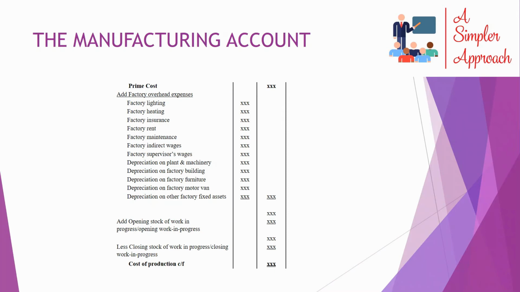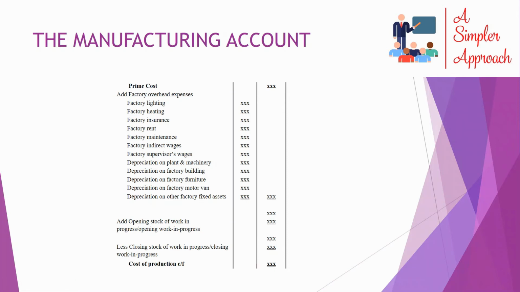So the process of converting it from raw materials to finished goods, that process started but was not completed. That is added to this figure right here. Okay? Which gives you this figure right here.